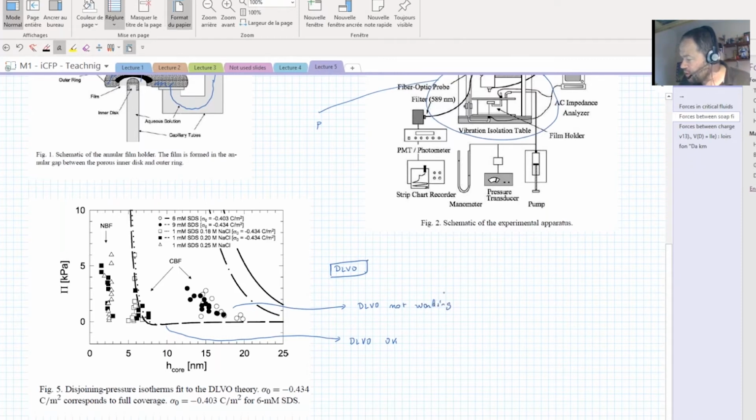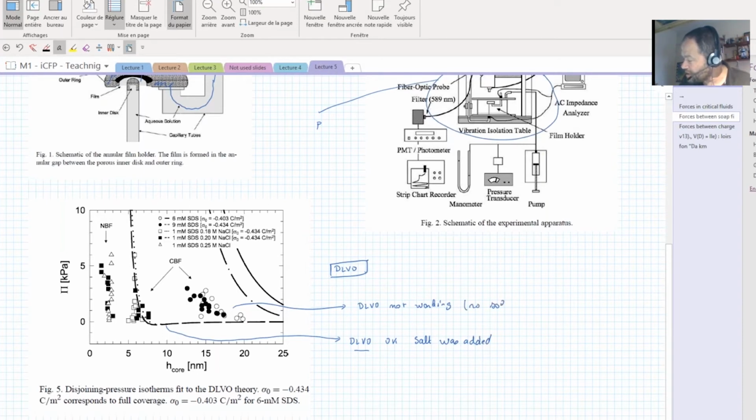And the situation of when DLVO was working in the situation where salt was added, and DLVO was not working with no salt.